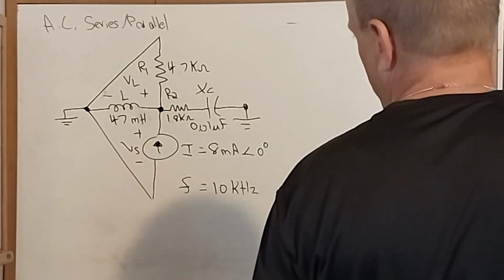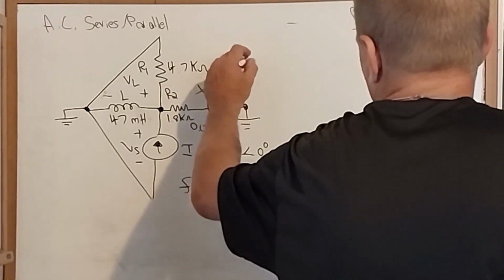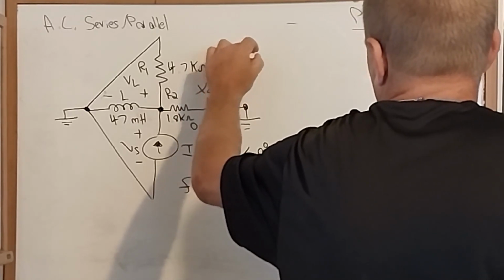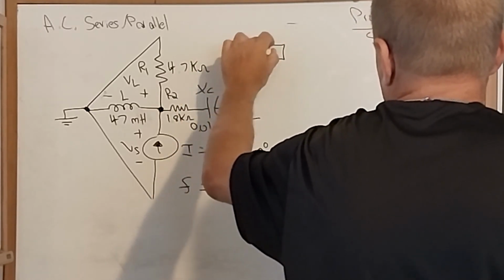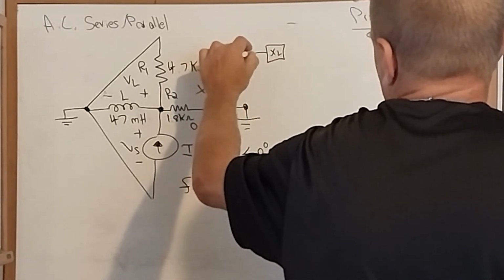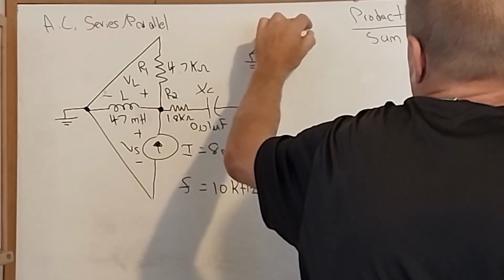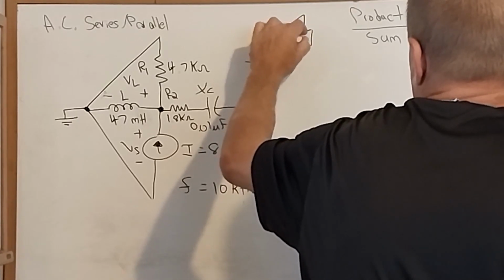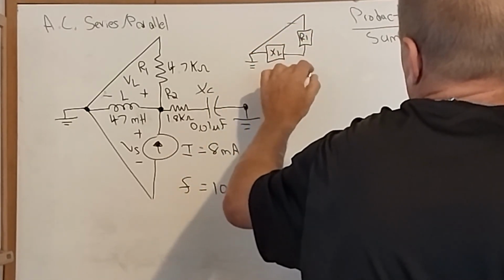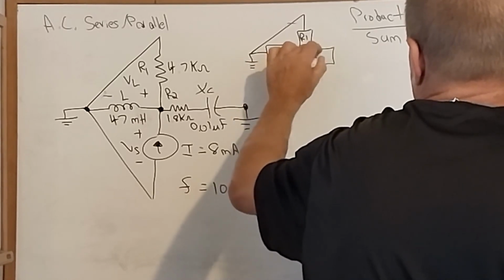And just for simplicity, I'll redraw this as a really small circuit. Let's see, this is X of L. Over here we have R sub 1. And then we have Z sub 1.